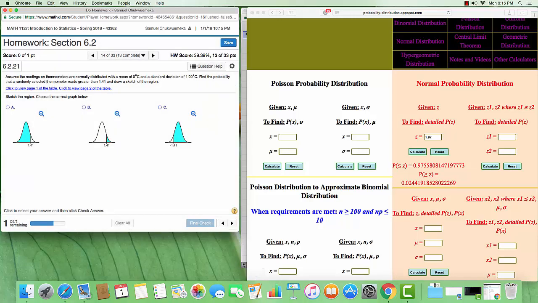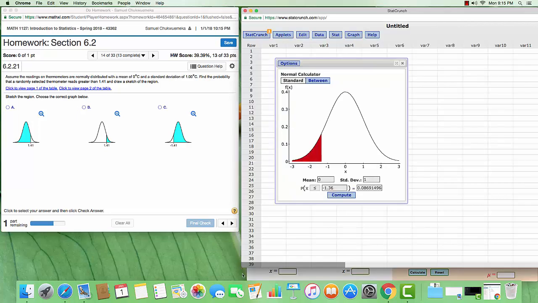Question 14, StatCrunch. Assume the readings on thermometers are normally distributed with a mean of 0 degrees Celsius and a standard deviation of 1.00 degrees Celsius. So in this case, you can use a standard normal table.